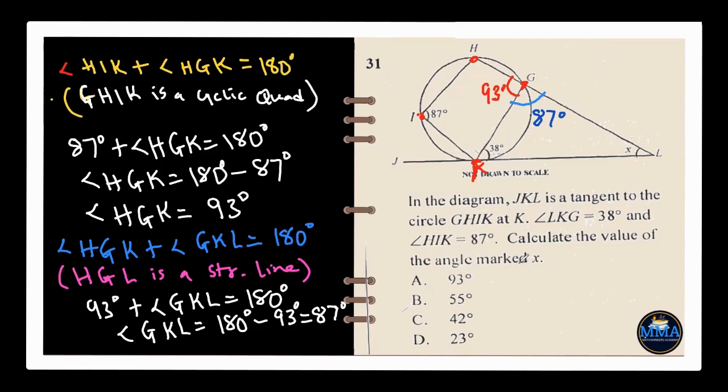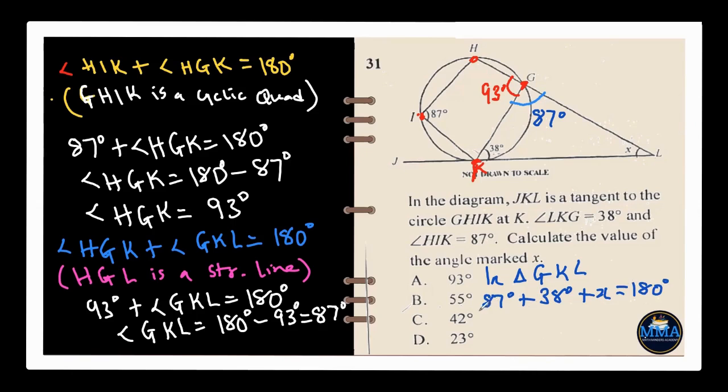Now let's look at this triangle. We now say in triangle GKL, 87 degrees plus 38 degrees plus S equals 180 degrees. Why?